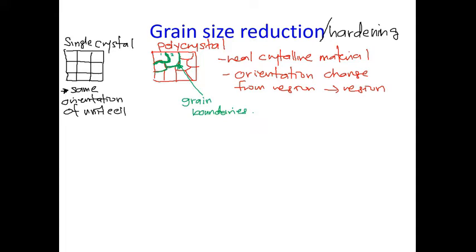Okay, and then we try to imagine if these crystals have a slip plane. For example, this is the single crystal, and we try to change the color. Imagine this is the slip plane of this single crystal, so it goes that way.